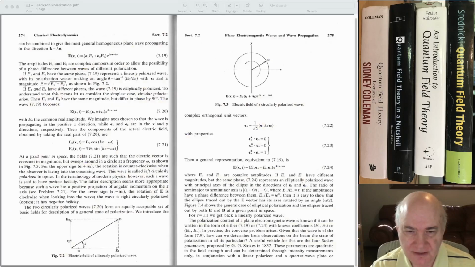So this is a page from Jackson's textbook, Classical Electrodynamics. It's also in undergraduate books in electrodynamics. And I'm just going to copy down some of the equations. So a linearly polarized wave is something like this.